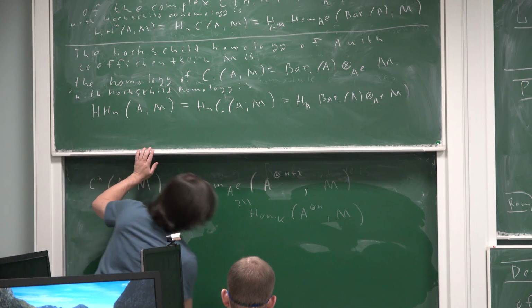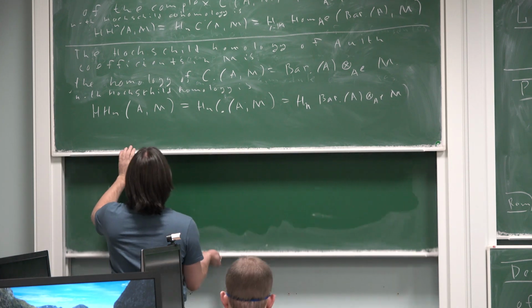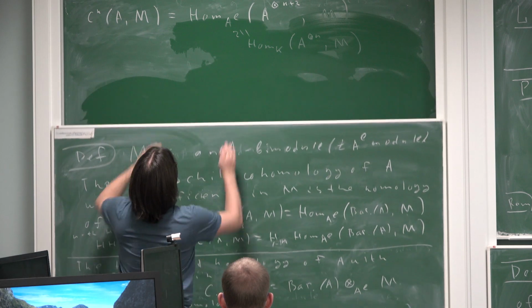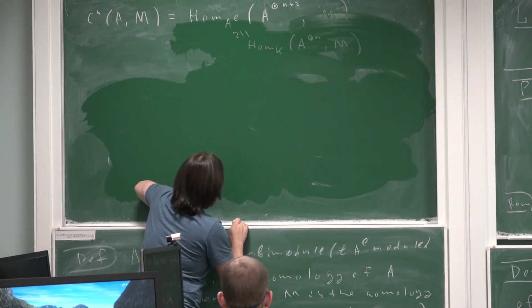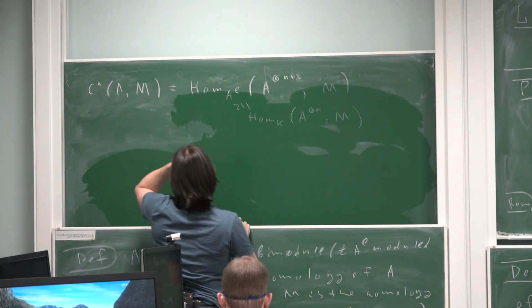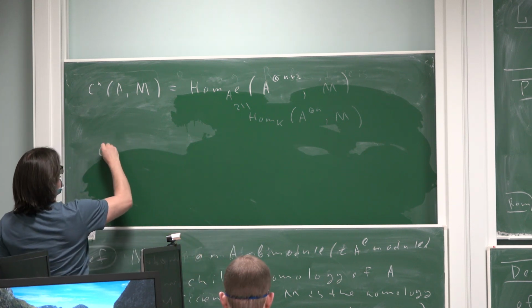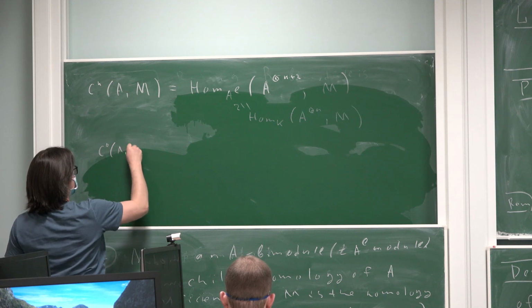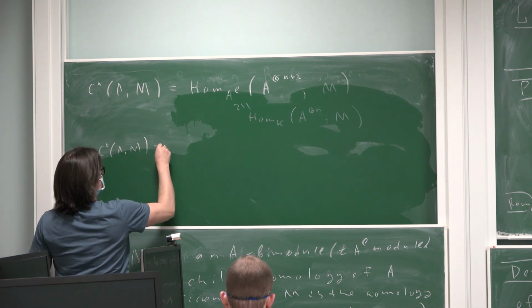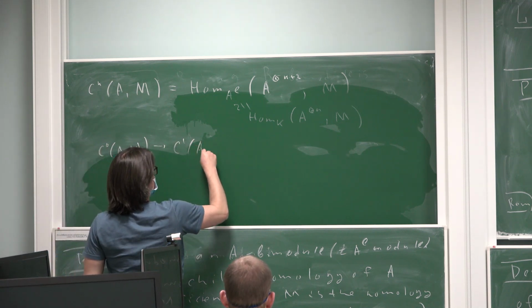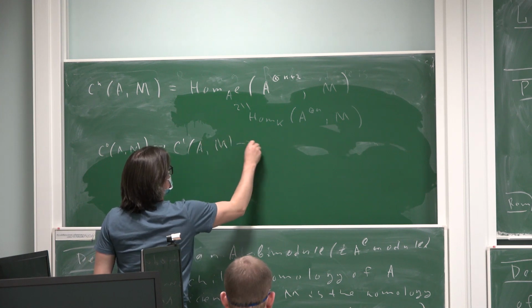So we have the complex C^0 of A, M, C^1 of A, M, and so on.